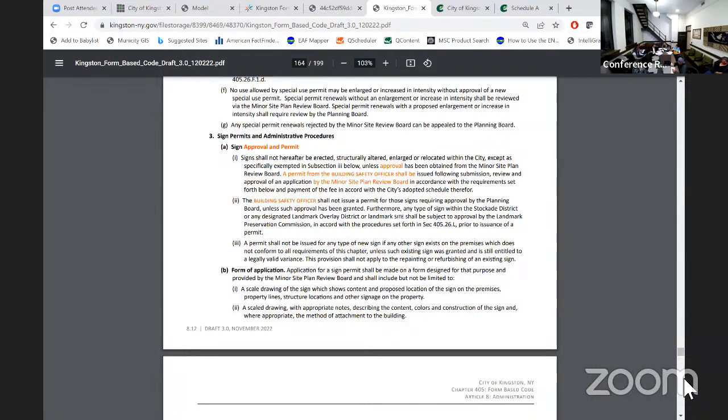But this says this is a renewal. Oh, renewal. So with the renewal, if there are no changes, there's no public hearing required and it goes to the minor review board. And with changes, it requires a public hearing and goes to the regular planning board, correct? Yes, that's the clarification I'm asking. Okay, all right.